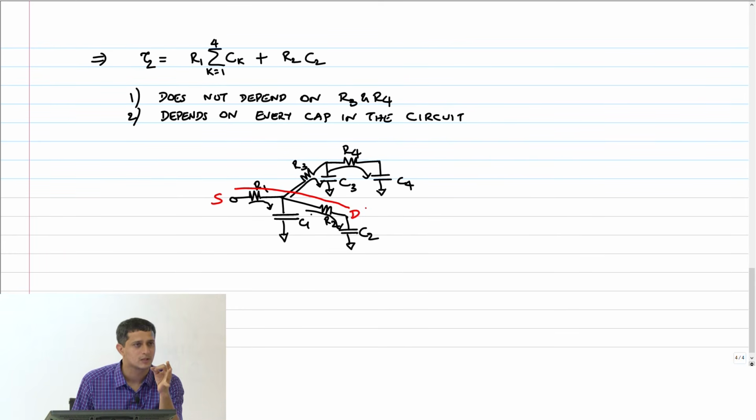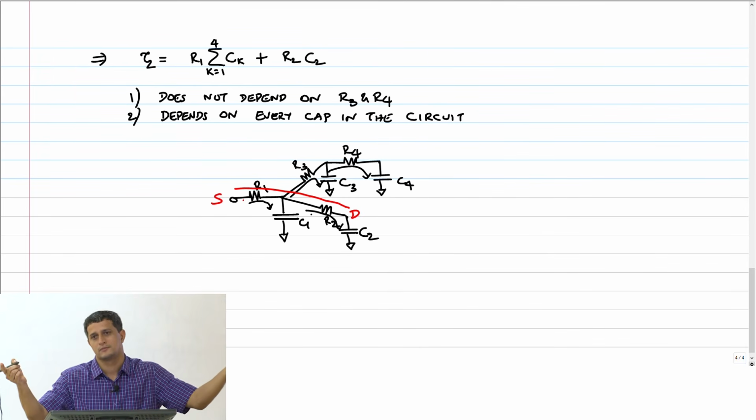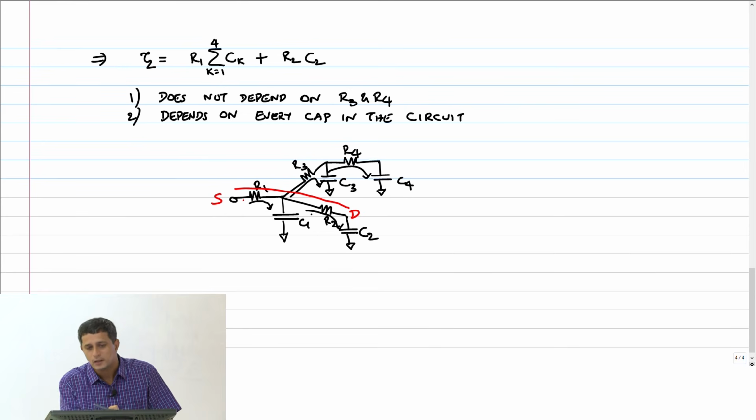So it depends only on the path resistances. Why is that? Because the current through R1 happens to be the sum of all the currents, right? But R2 is basically just the current through C2, right? So that's why it depends on all the capacitors.